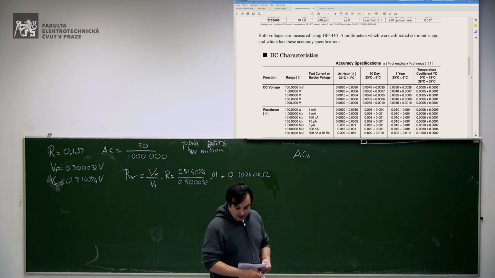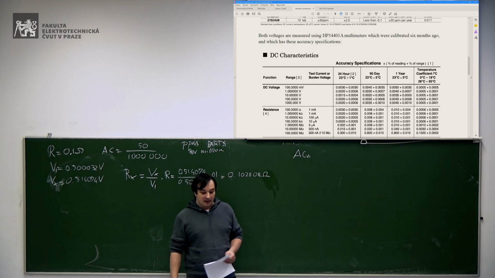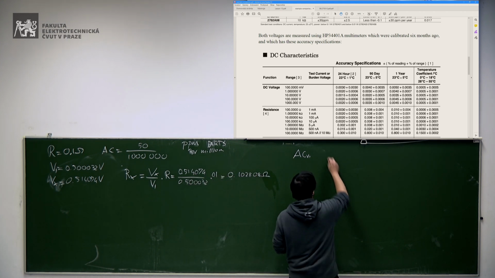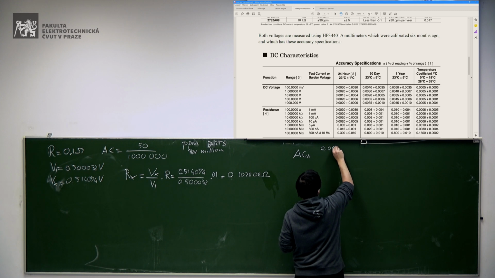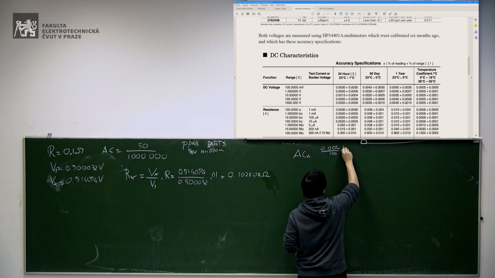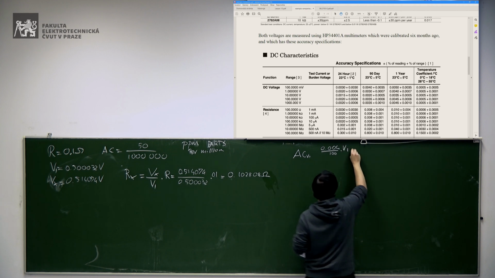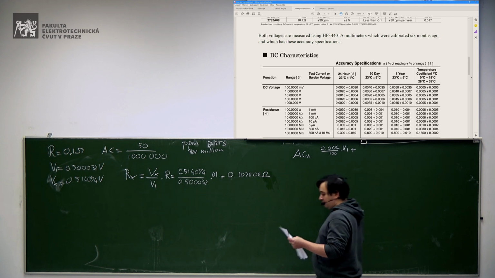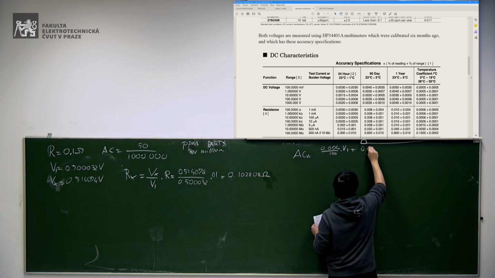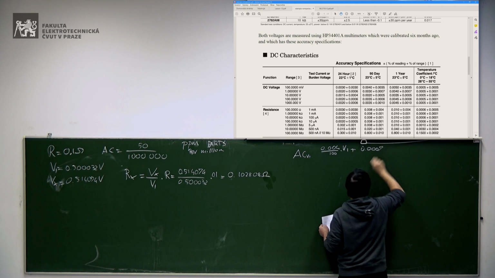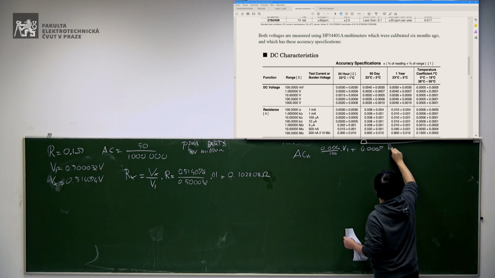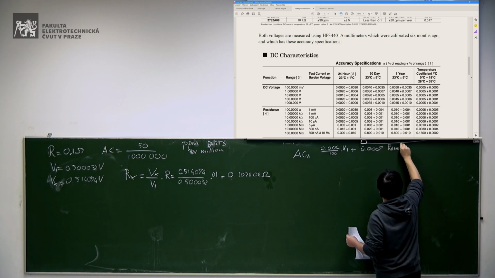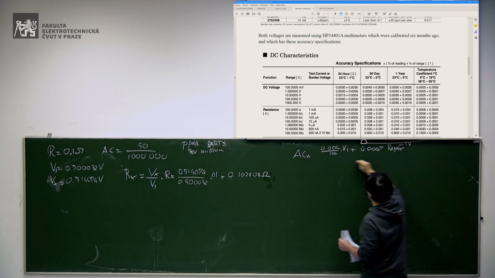So we have an accuracy which is 0.04% of the reading, which is V1, plus 0.0007 times the range, which is 1 volt.